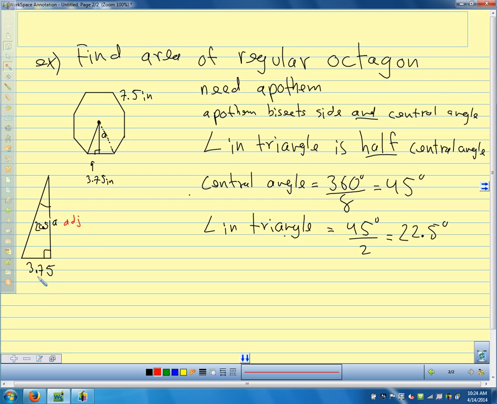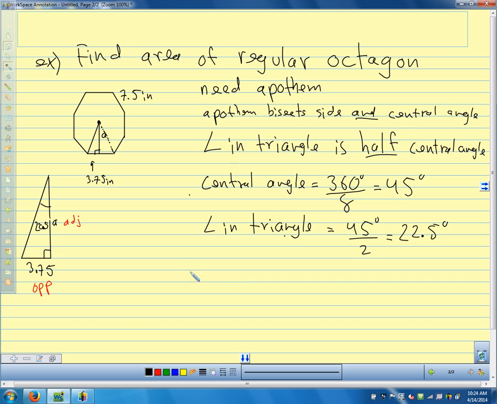The 3.75, opposite or hypotenuse? Opposite. Is opposite the 22.5 degree angle? So then we go to Sohcahtoa and we say which trig ratio tells us about the opposite and the adjacent. Tangent. Tangent tells us about the opposite and the adjacent.